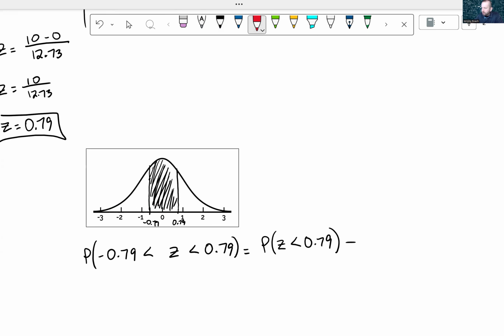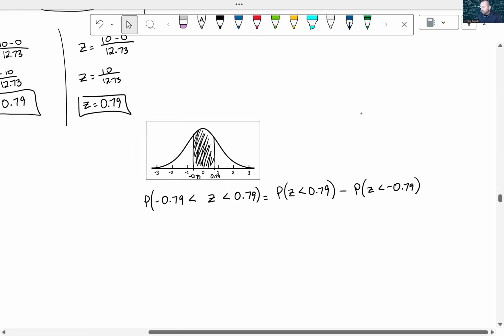Let me try that again. We're going to subtract out this part. And so this should be reviewed from a couple lessons ago. So the probability that z is less than 0.79 minus the probability that z is less than -0.79. That's what we're going to find there. Okay.